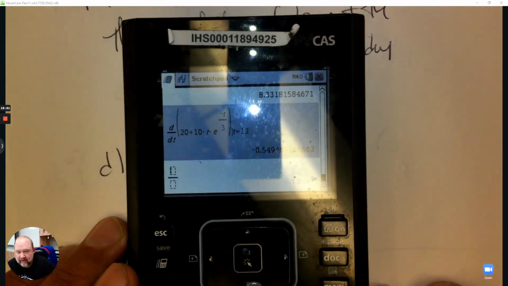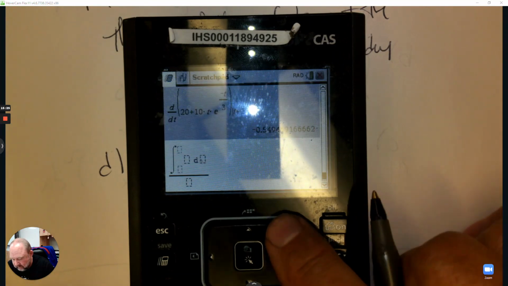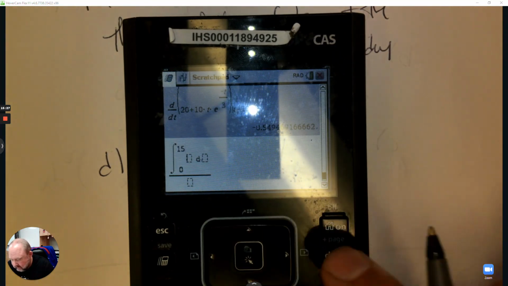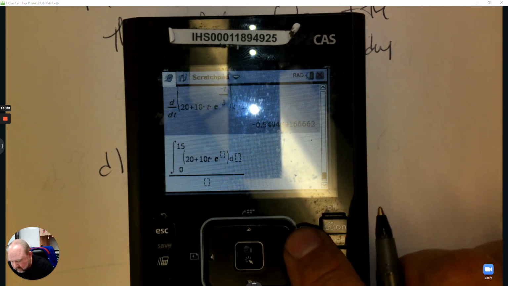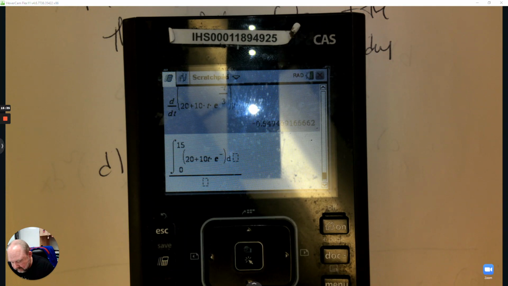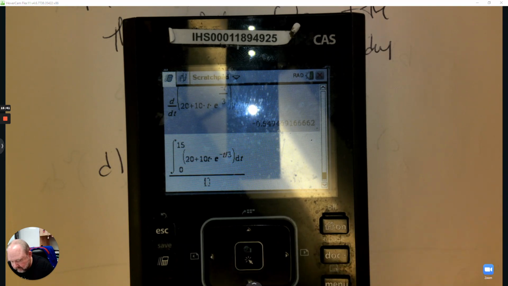So control divide for a fraction line, and then I'm going to calculus integrate, goes from 0 to 15, and then I'm going to type that in again, 20 plus 10t times e to the negative t divided by 3, divided by 15.